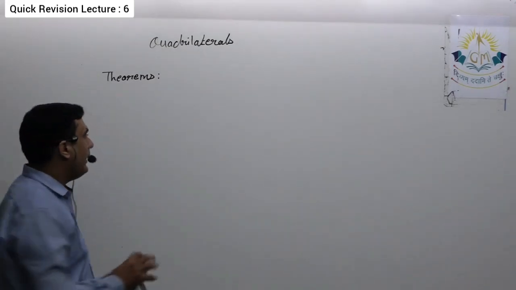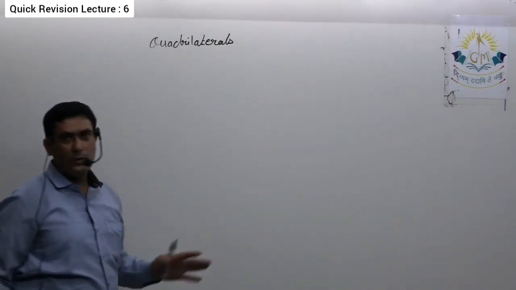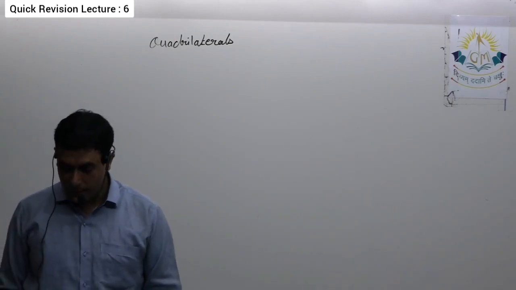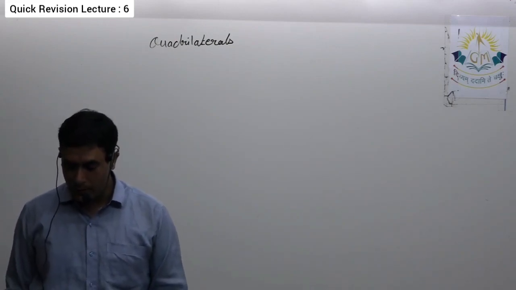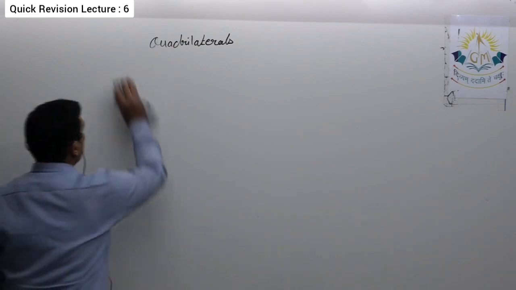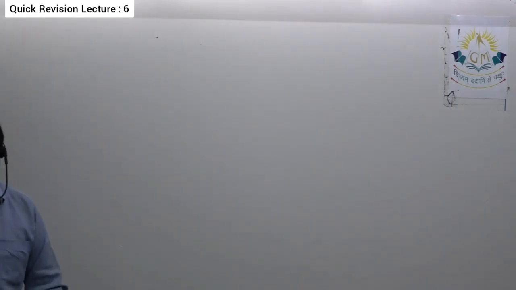In that way you can get the theorems. So that is all about the quadrilaterals. Now next we'll start areas of parallelograms and triangles. Next chapter we'll start.